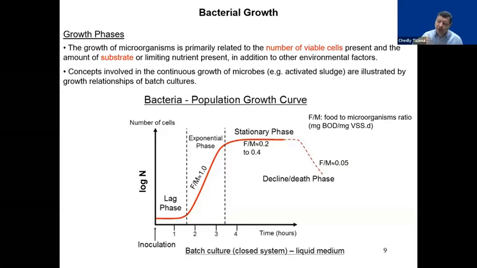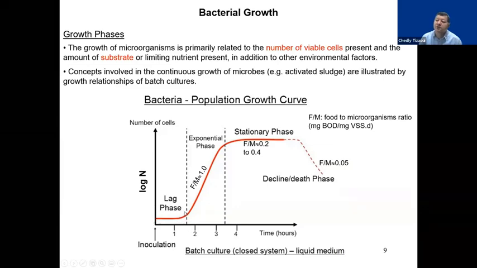Over time, you keep measuring the amount of bacteria in that sample. What you see is that the number of bacteria initially stays constant. It doesn't change. It keeps almost the same value as you started with, and that is called the lag phase.